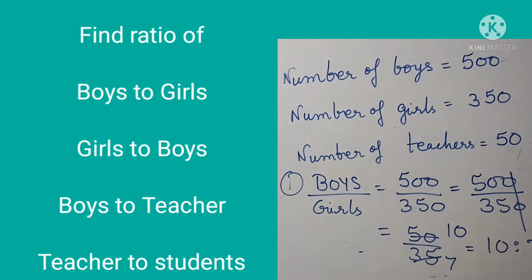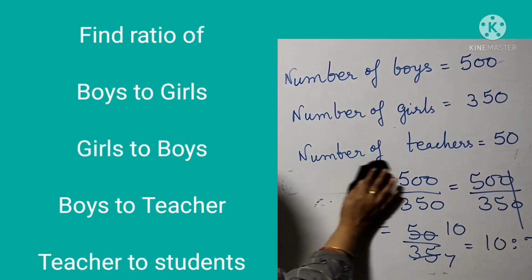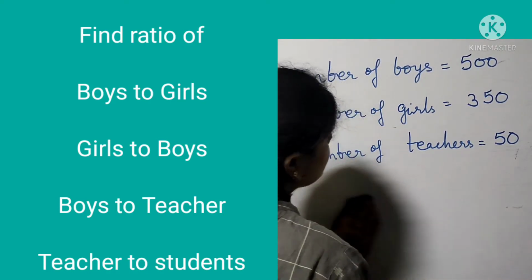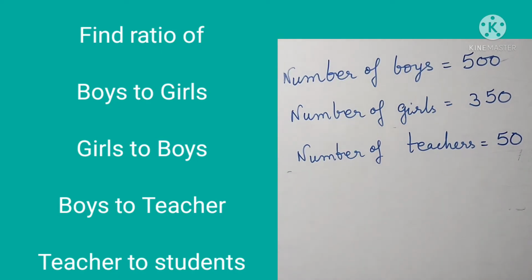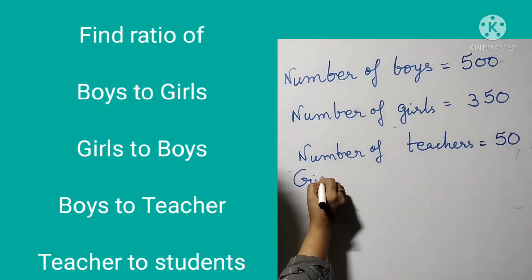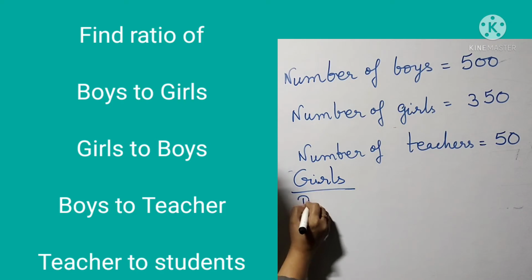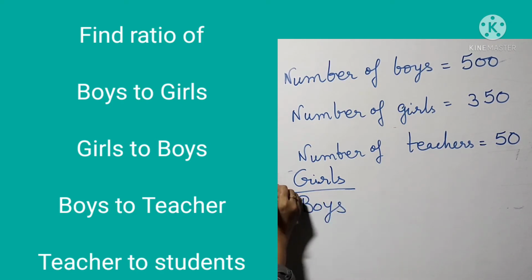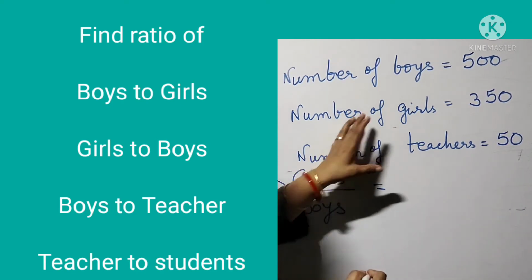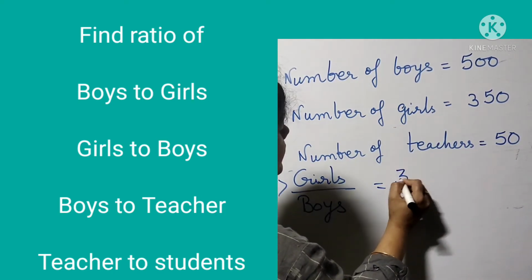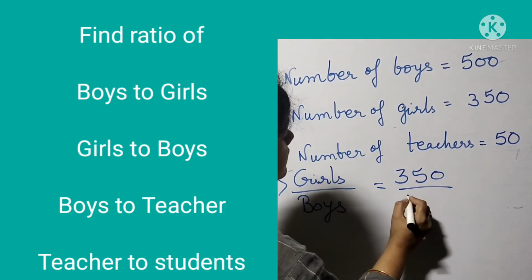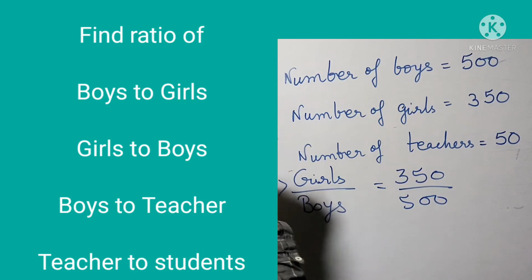For example, we have another case and we have to find the ratio between girls to boys. Then we write the number of girls in the numerator and number of boys in the denominator.